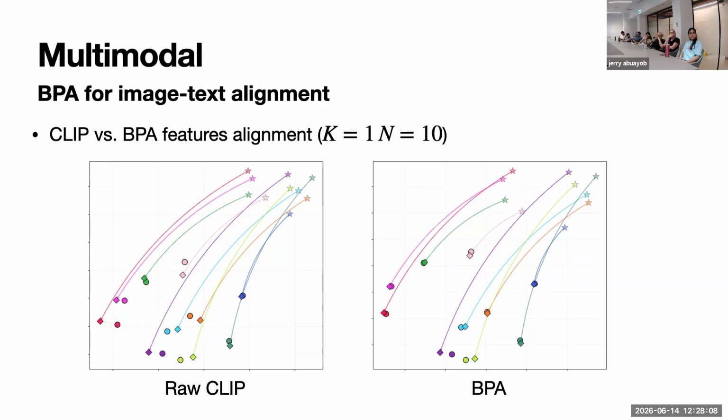If you can see the pink and the red, and the blue as well. The purple is almost the same, but we can see that once the BPA has transformed the features, the alignment becomes better.